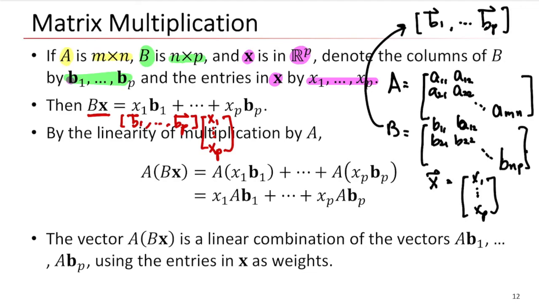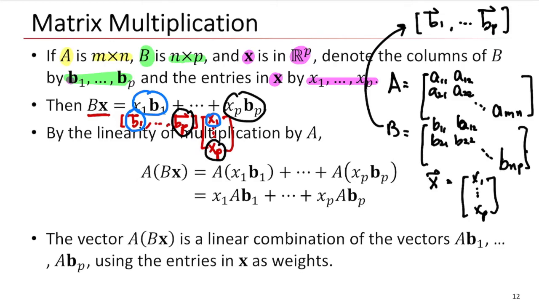So in this case, this term is vector b1 times x1, and this one is vector bp times xp. So this is the linear combination, right?